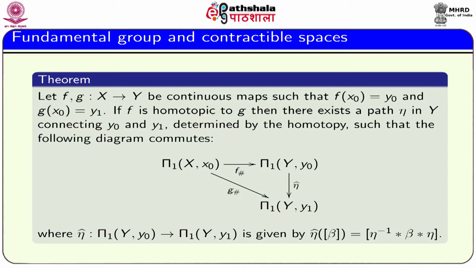Now what do I mean by the diagram commutes? If f sharp is the induced homomorphism from f and g sharp is the induced homomorphism from g, then via the homotopy between f and g, we can construct a function from π1(Y, y0) to π1(Y, y1) such that if we call that function eta cap, then eta cap composed with f sharp is g sharp.